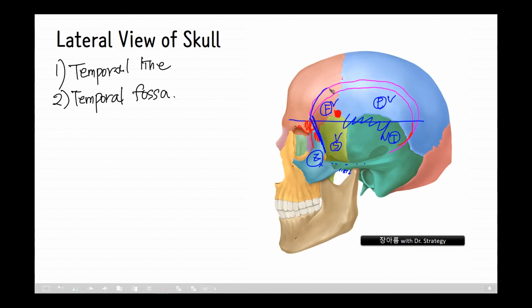It means two temporal lines, the superior temporal line and inferior temporal line, that arch across the skull from the zygomatic process of the frontal bone to the supramastoid crest of temporal bone. So this area is the zygomatic process of frontal bone, and the supramastoid crest of temporal bone is here.